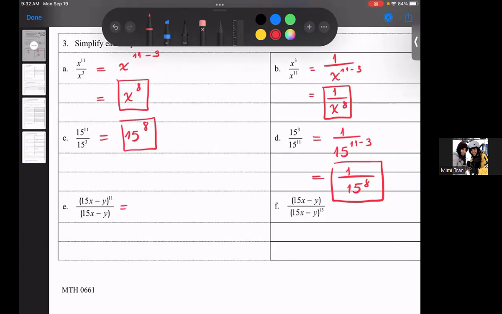You take that blob, which is 15x minus y, and then the blob's power is what? 11 minus 1, right? So that's 15x minus y in parentheses to the 10 power. Does that make sense? It's the same thing, instead of smaller terms, the term is just bigger.